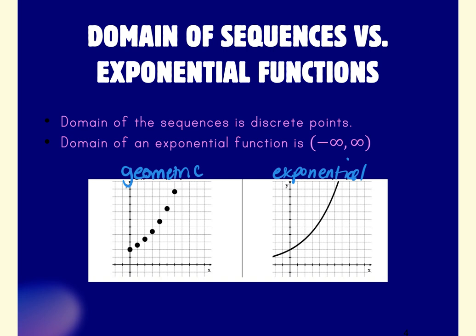It's discrete. They are individual points, okay? And obviously exponential and linear are continuous. The domain of the sequences, the arithmetic and the geometric, are discrete points. They would be listed with commas. And the domain of exponential and linear functions is negative infinity to positive infinity.